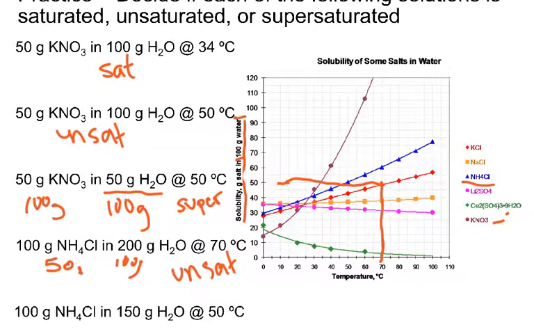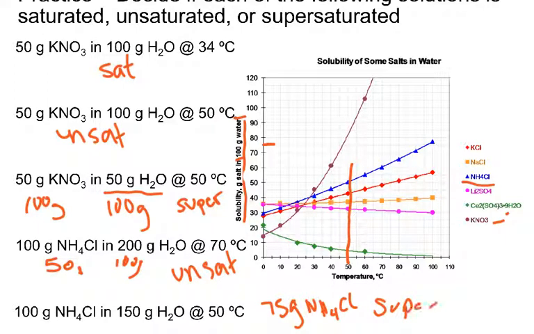And then my last one, 100 grams of ammonium chloride in 150 grams of water. So in 100 grams, that's going to be 75 grams NH4Cl at 50 degrees Celsius. So 75 is right here, 50 is here, and we're going to be above the blue line, and so that's going to be supersaturated.